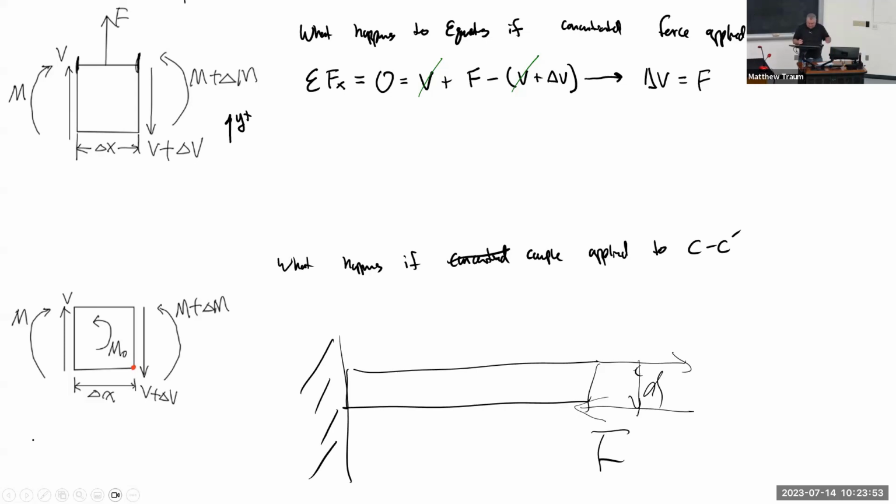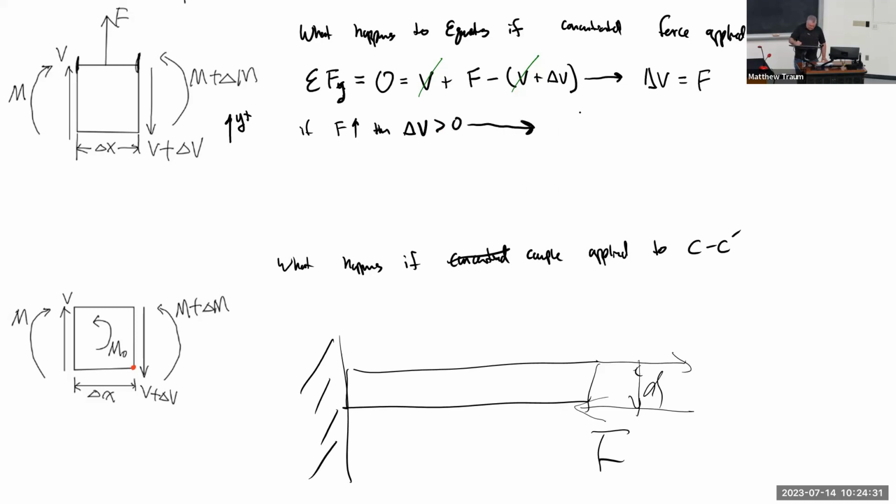Okay, so as Dr. Teng was describing, I kind of cheated and wrote out a little bit of the force balance equation, and I need to change this to y because we're talking about the y direction. I end up canceling out the V's, and I get delta V equal to that point force F. So the interpretation here for how we're going to modify our equations is: if F is positive, then delta V is also positive, greater than 0.